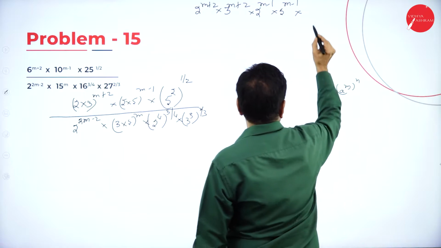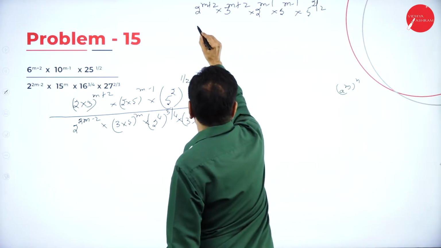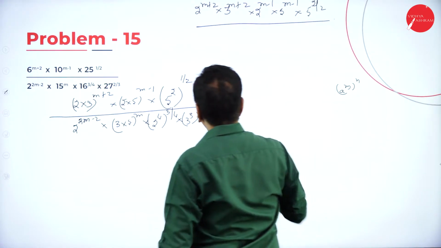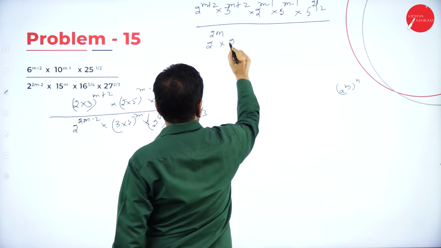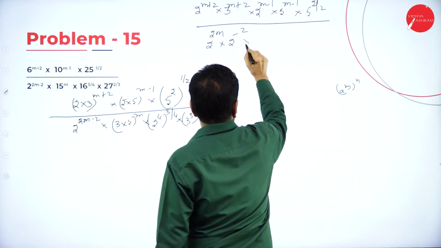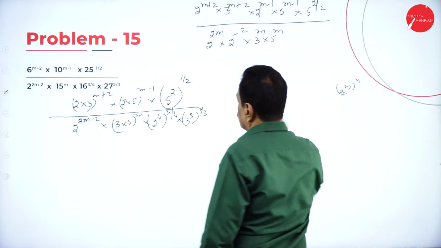This is 5 to the power of 2 by 2, divided by 2 to the power of 2m into 2 to the power of minus 2. This can be written as 3 to the power of m into 5 to the power of m.